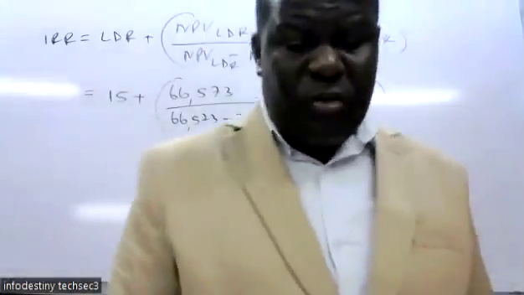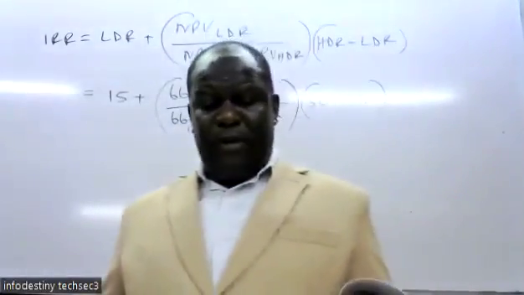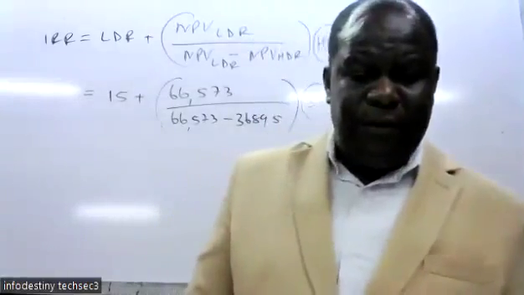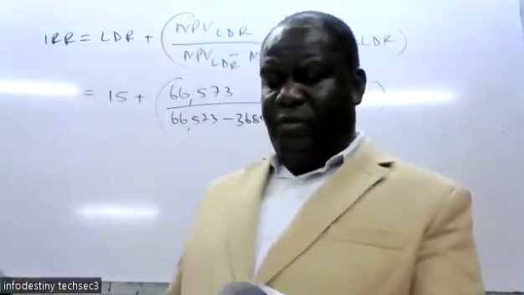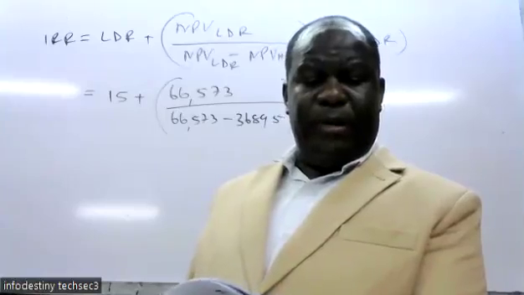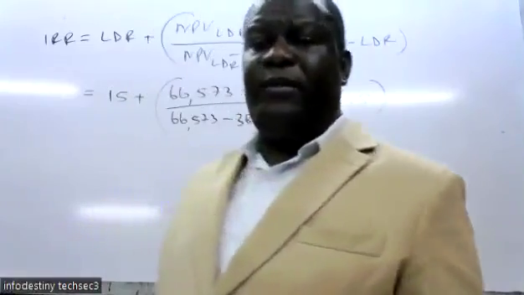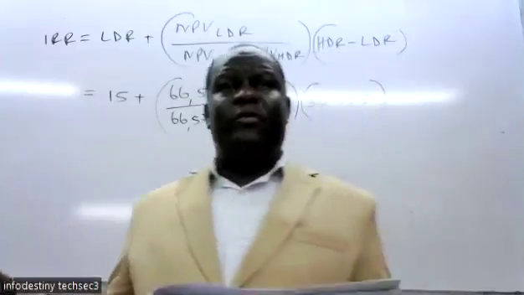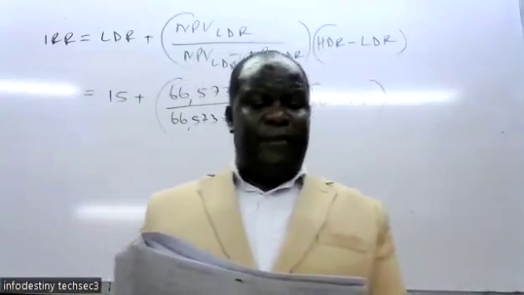Then another question, also go to November 2015, question number 1, part B. November is closer to December 2014, so when you go to December 2014, you will get November 2015.